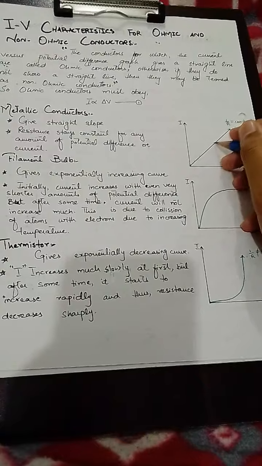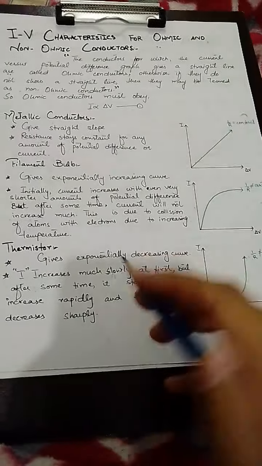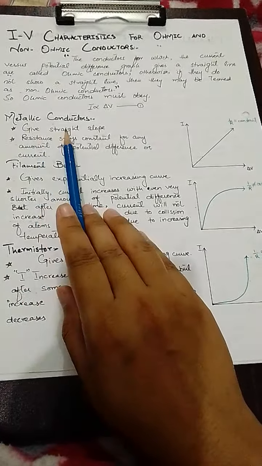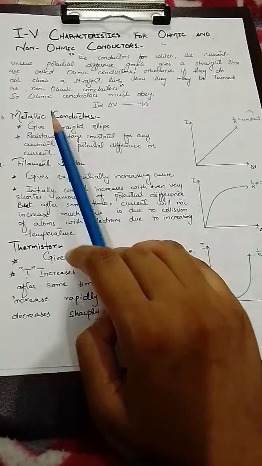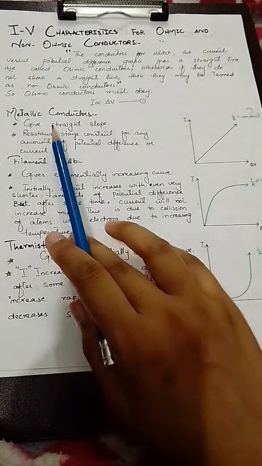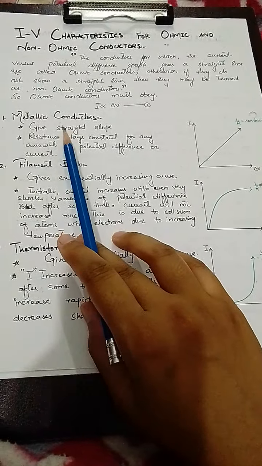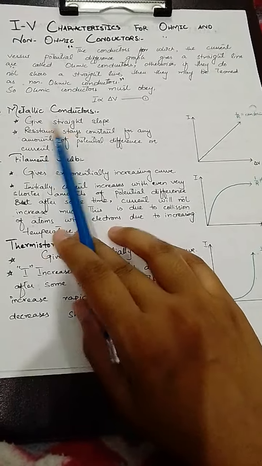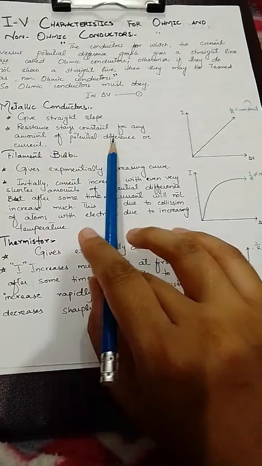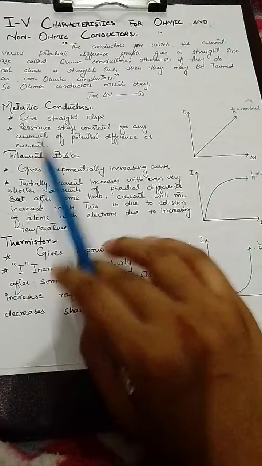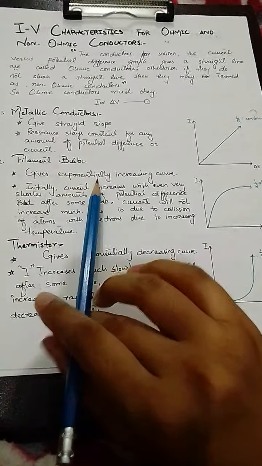It will give us this straight line. So basically many metallic conductors and some alloys as well show this kind of behavior, and these type of conductors are called the ohmic conductors. Here resistance stays constant for any amount of potential difference or current applied to that conductor.